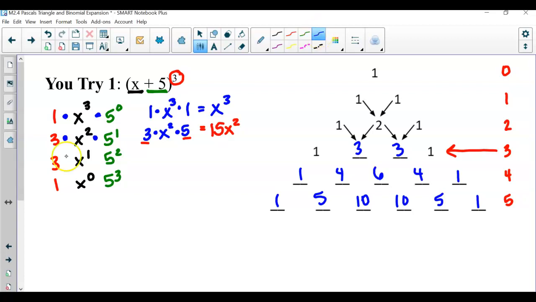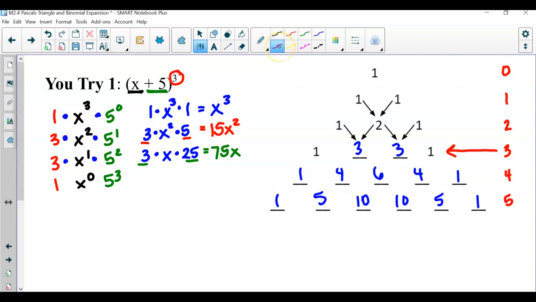And here we go. So 3 times x to the first times 5 squared. So that's 3 times x to the first, which is just x, times 5 squared, which is 25. Then notice here I've got 3 times 25, which is 75. So 75x. Then the last.